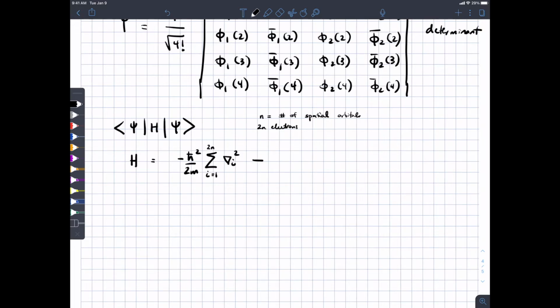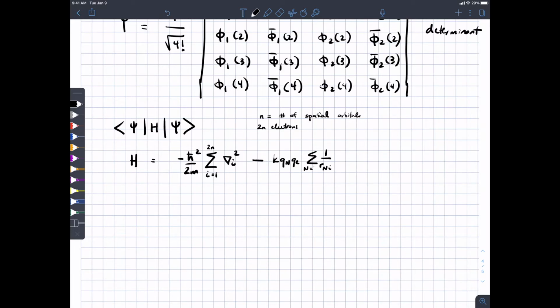Then on top of that, we have, let's see, Q of a nucleus, Q of an electron, and then the sum of the distance between a nucleus and the electron I. And we're going to just sum that over all nuclei.